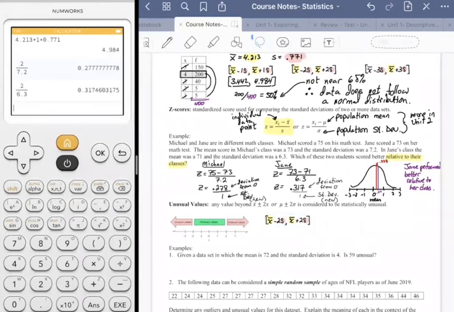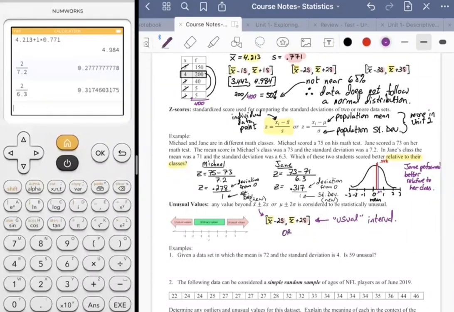This same computation will tell us whether there are any unusual values, all right? This is what we call the usual interval, which means anything that's not in that interval would be unusual, all right?